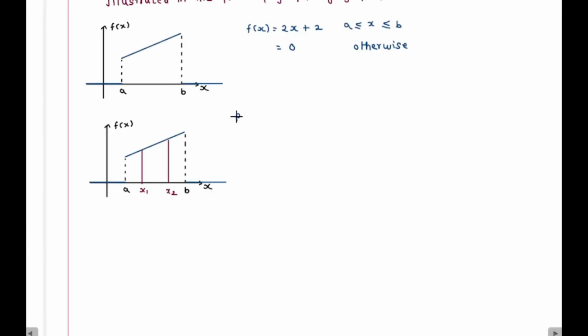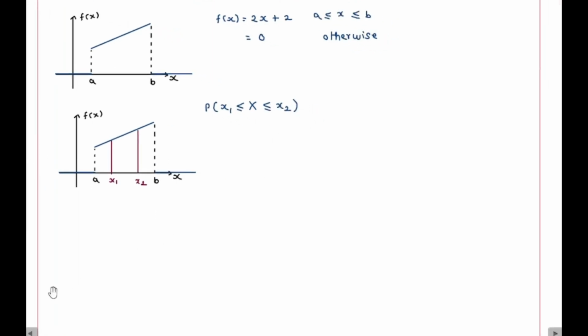This is nothing but the area under this graph. This area is nothing but the probability of x greater than or equal to x1 and less than or equal to x2.